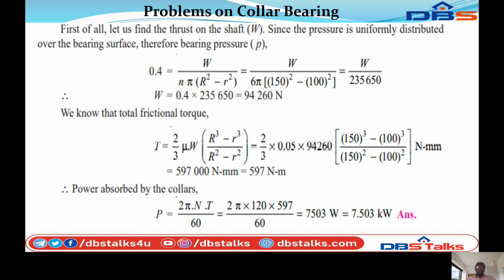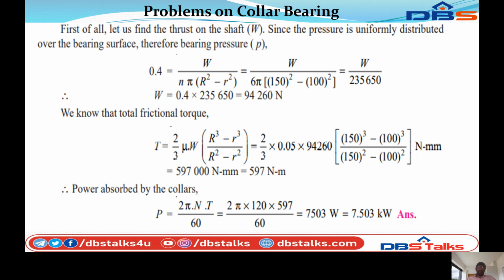Finally, we can calculate T equals 5,97,000 newton mm. This is converted to meters, 597 newton meter. Therefore the total frictional torque T equals 597 newton meter.